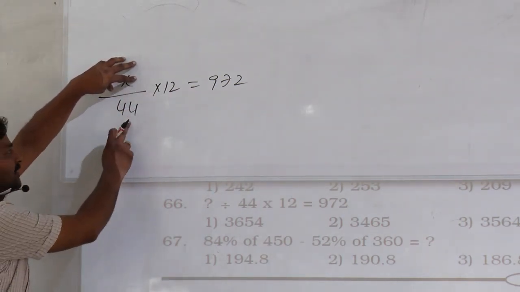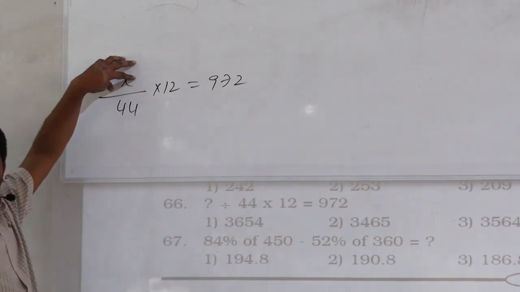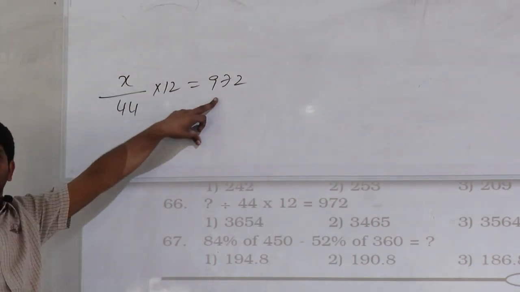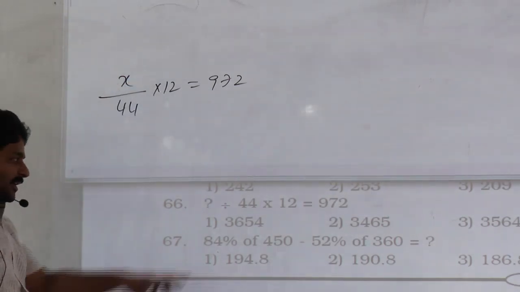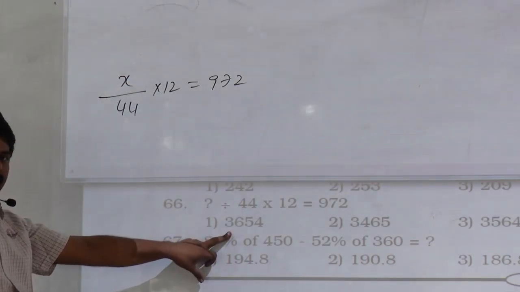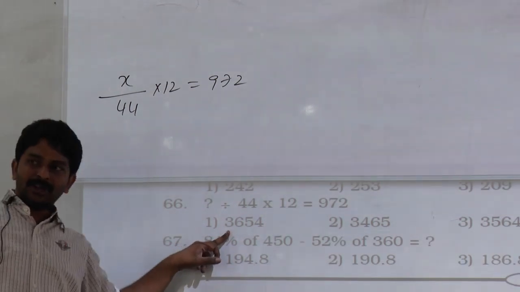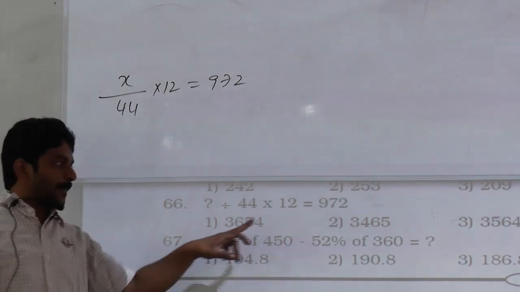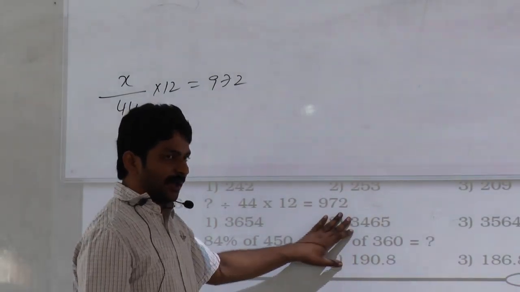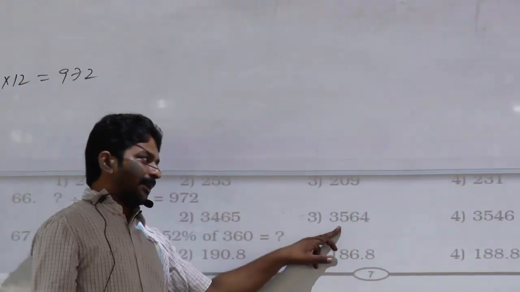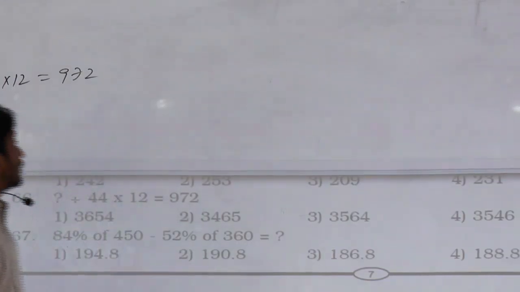Then only you can cancel 44 here, because the right hand side we have an integer. So our number should be a multiple of 11. 3654. Is it an 11 multiple? Yes.